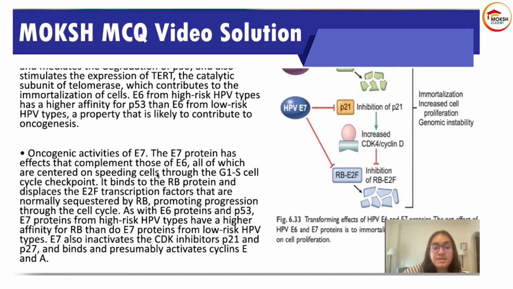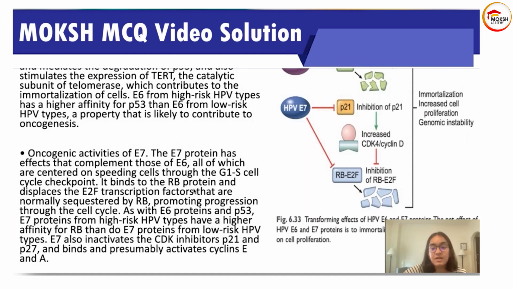And activities of E7, the E7 protein has effects which complement those of E6. So basically what it does is it tries to increase the cell proliferation by speeding cells through the G1 to S cell cycle checkpoints. So it binds to the RB protein and it displaces the E2F transcription factors.